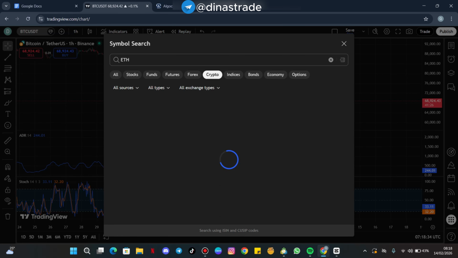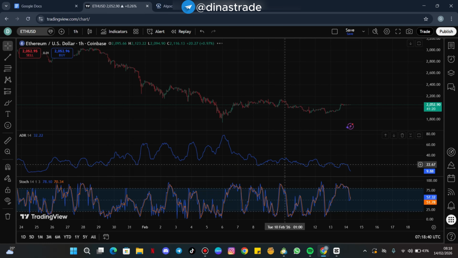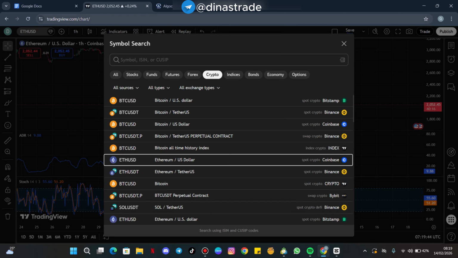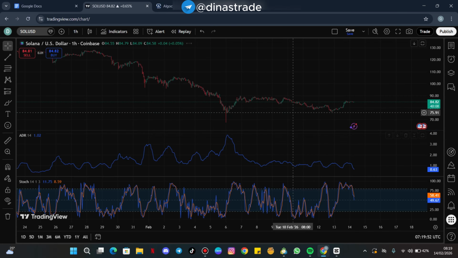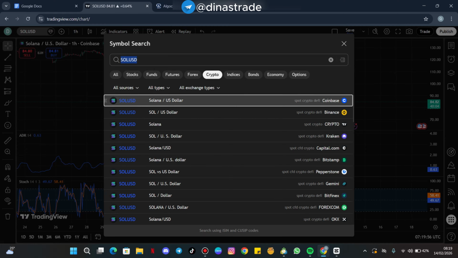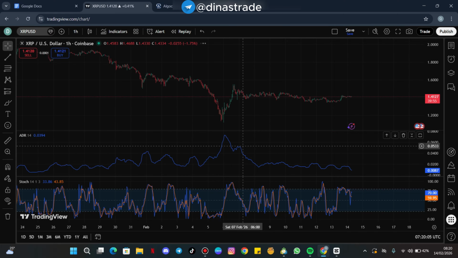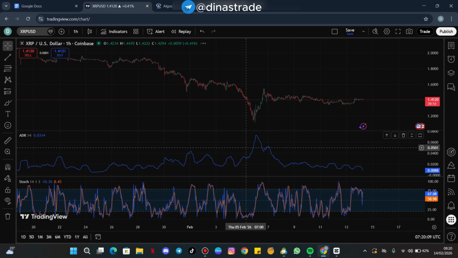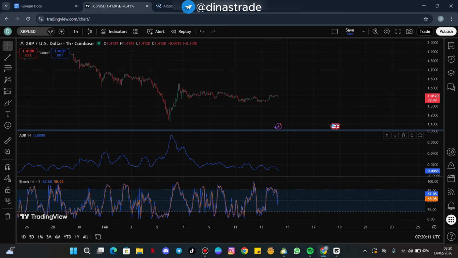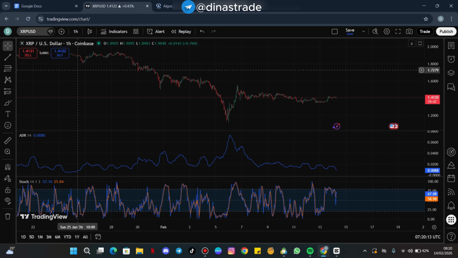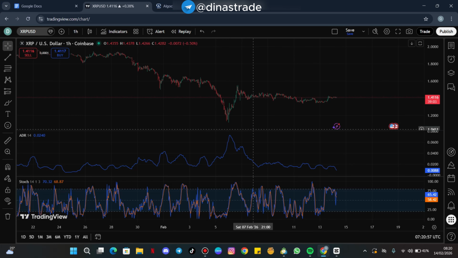ETH USDT, as you can see, also uses the same pattern right now. As you can see, all of them do. So you can also search a different one and see too. This particular strategy works with all of them, and if you're using this pattern, it means that you're also going to be in profit because they are also all trending down.